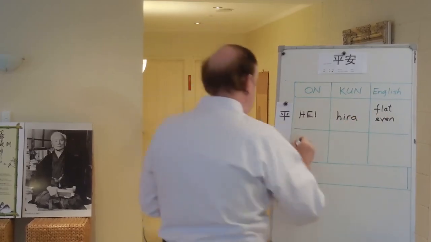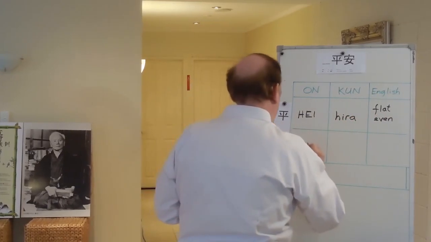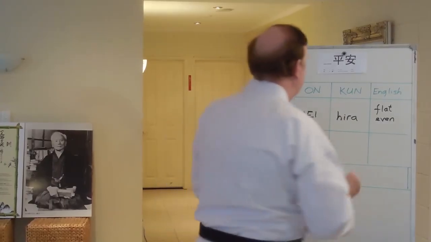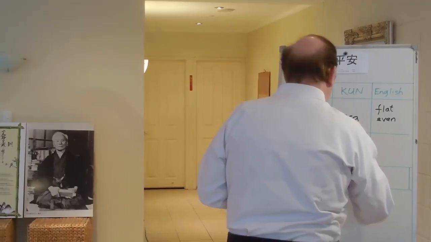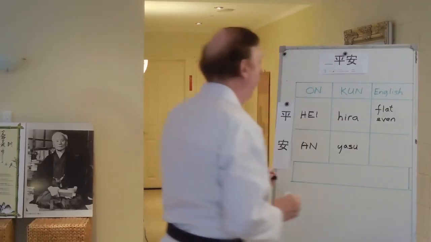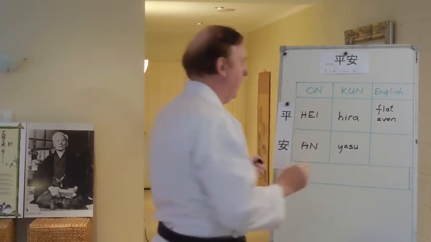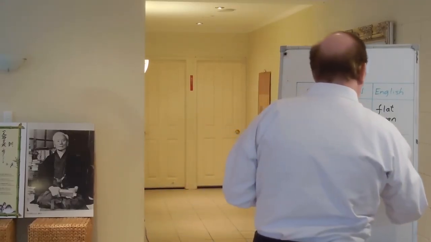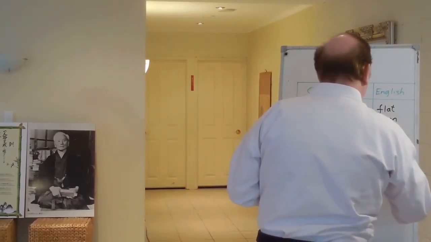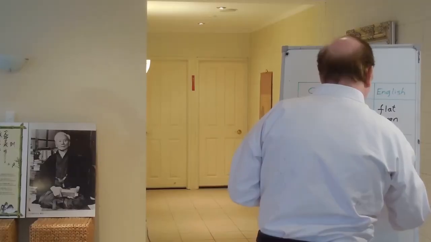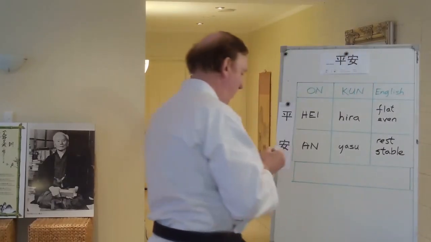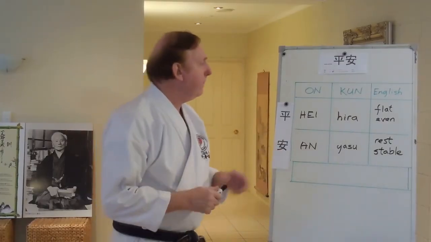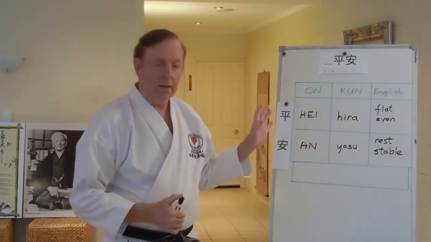The second part is an. Translates into Japanese yasu. And yasu has the meaning of rest or stable. So now we get the idea of the heian kata.